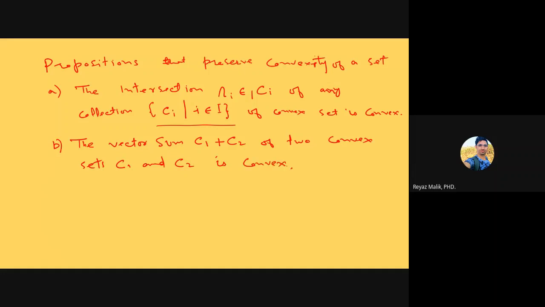That's another proposition. If we sum two convex sets, the final set will also be a convex set, same as the intersection. If we intersect two convex sets, it will be convex, and if we sum two convex sets, it should also be convex.